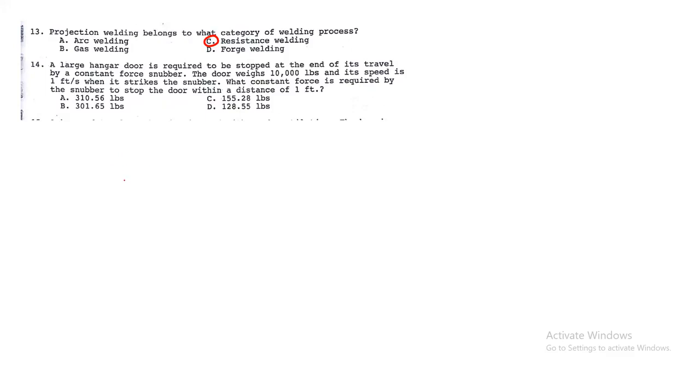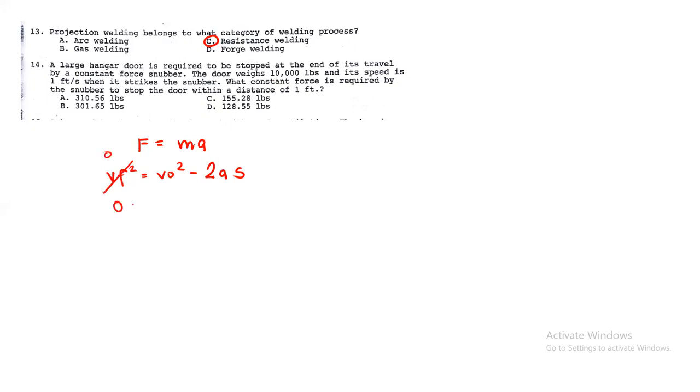So, paano 'to? Force is equal to mass times acceleration. Pwede natin makuha yung acceleration using Vf squared is equal to Vo squared minus 2 times acceleration times distance. Since nag-stop siya, ibig sabihin yung final velocity natin ay 0.